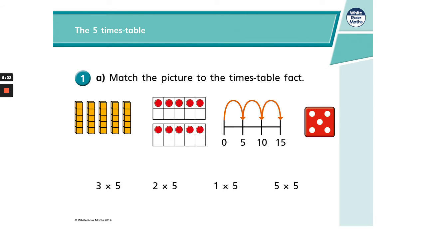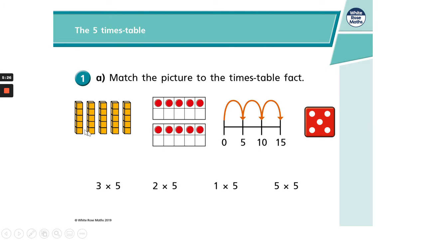Now let's use our learning to match the pictures to our times table facts. Take a look at our first image. We have blocks of bricks. There are 5 bricks in each block, and we know that they are equal groups. Let's count how many groups we have. 1, 2, 3, 4, 5.